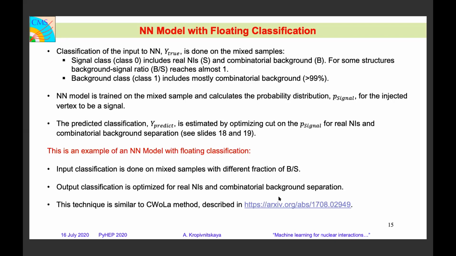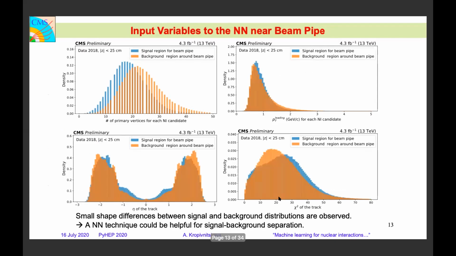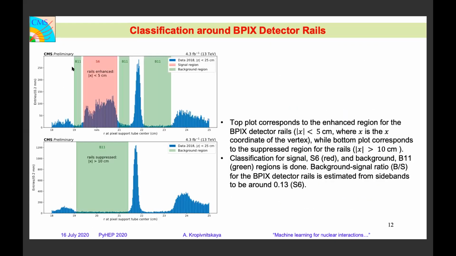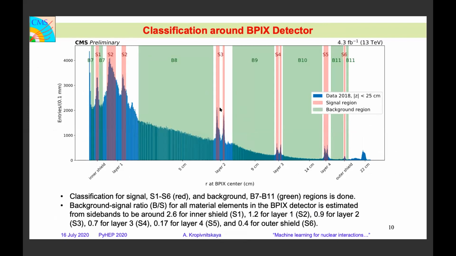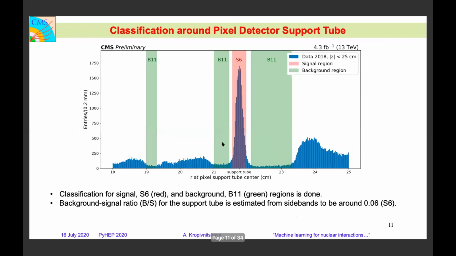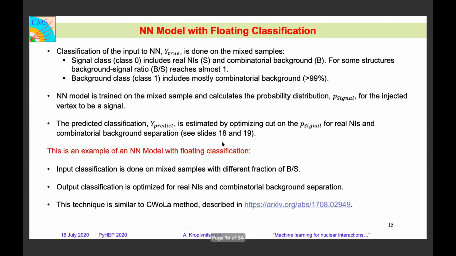So input classification is done really on the mixed sample. We say, okay, this is our signal, and here, this is our signal, so it's mixed. But after that, on the output classification, we optimize for real nuclear interaction and real combinatorial background.